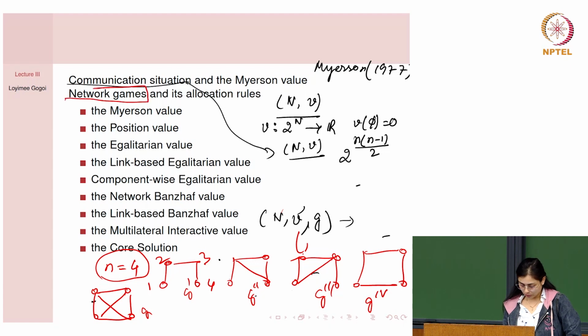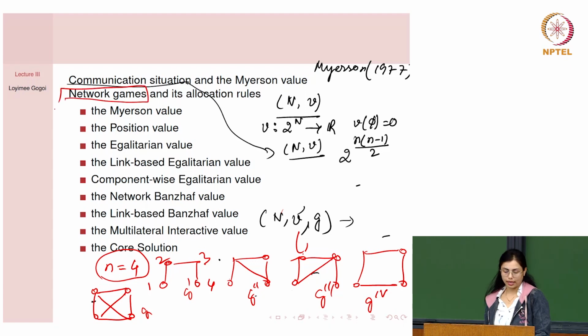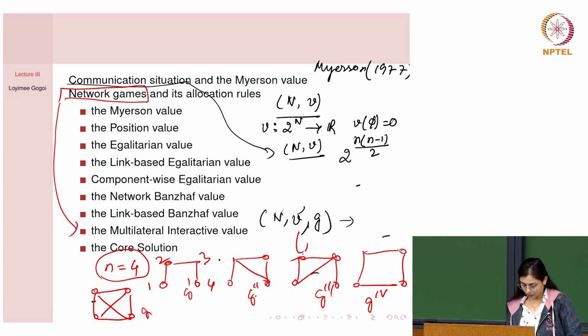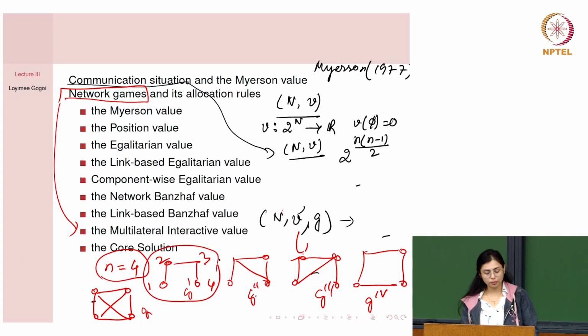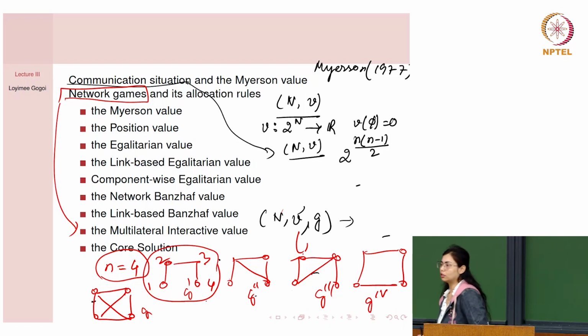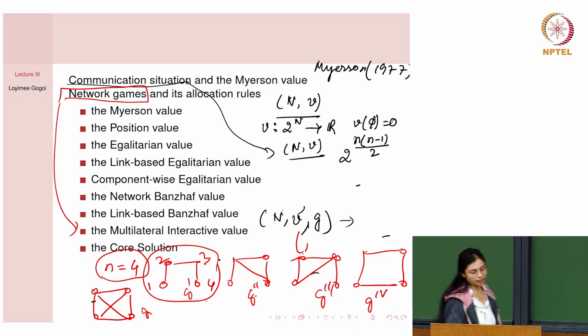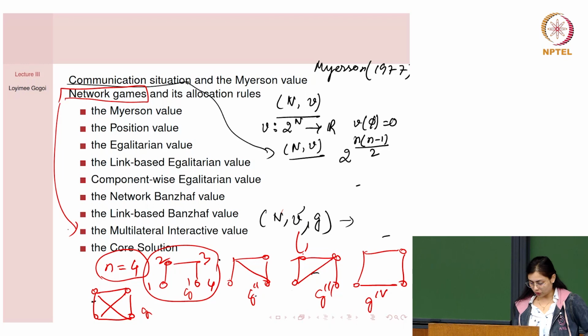So then a game was introduced to generalize this idea, where the value should depend on the structure of the graph. That game we call a network game.